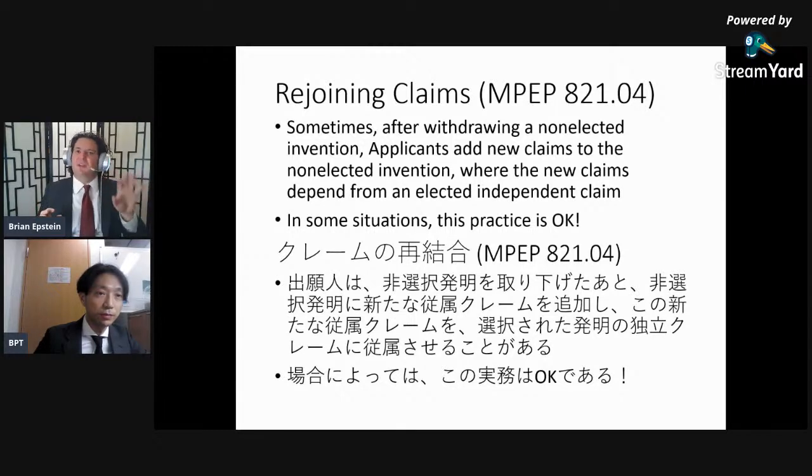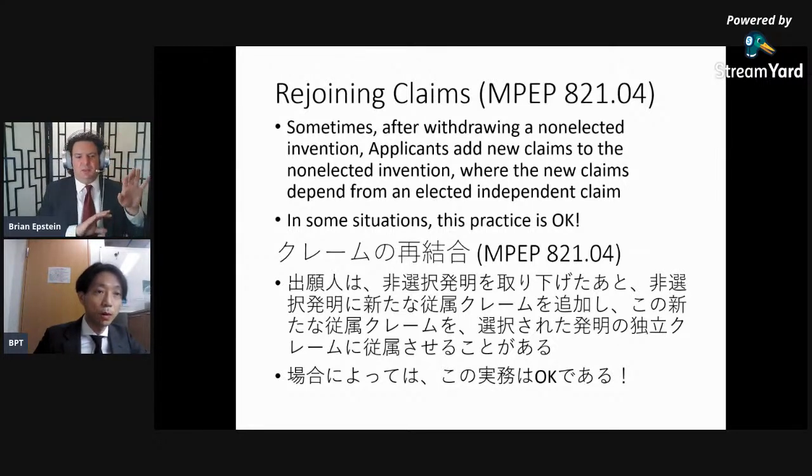So if claim one is directed to group one, and we withdraw, and we do not select group two, those claims become withdrawn. Typically, applicants will cancel them. Applicants might then rewrite that same subject matter as dependent claims to depend from claim one. That's kind of the situation we're talking about here.